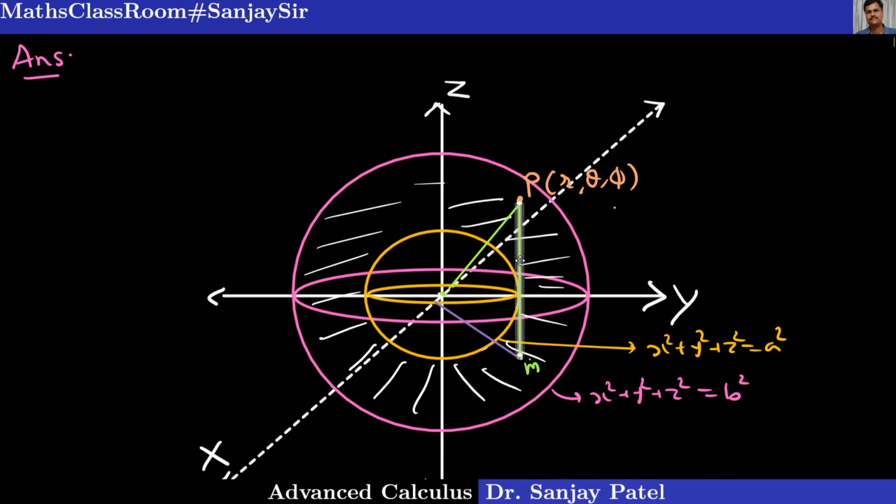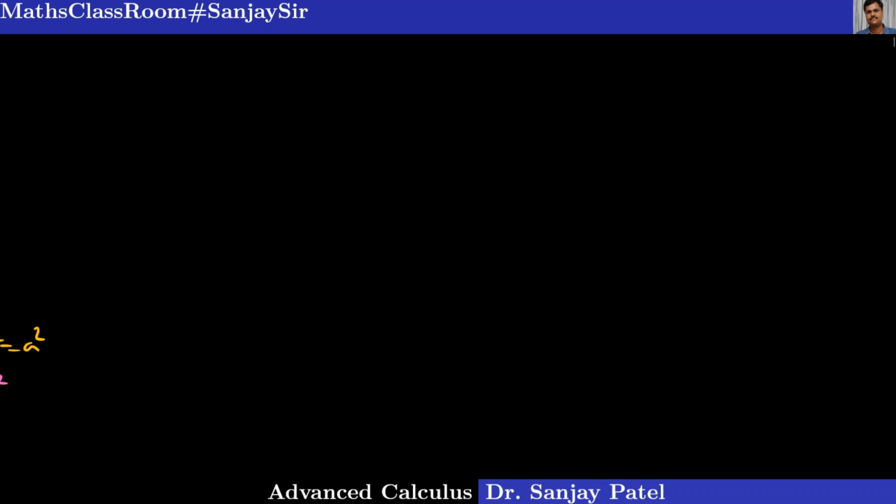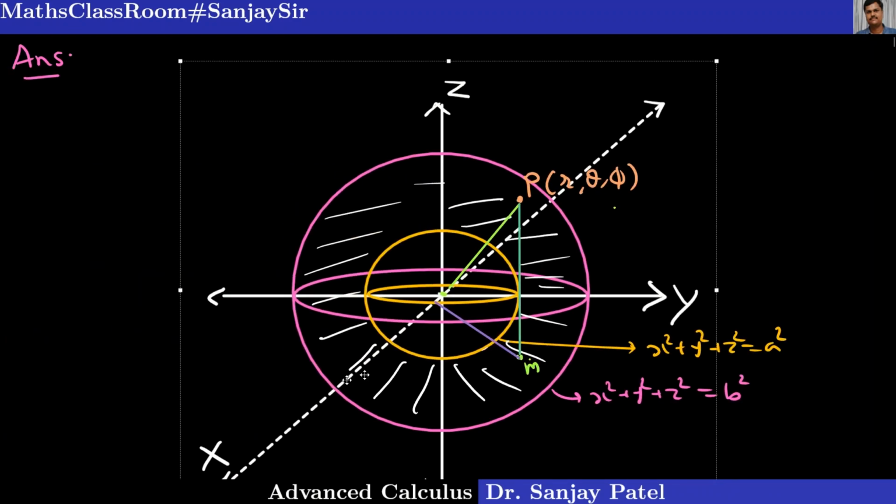So we get this. In this case, the angle made by the line segment OP with the z-axis is theta.